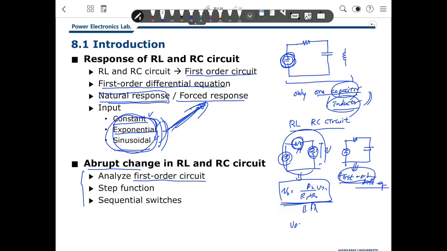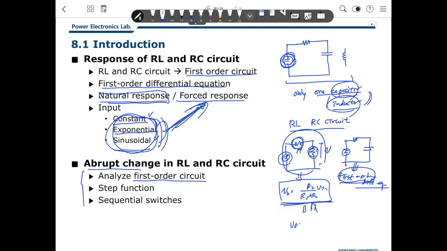Then we will use KCL or KVL or mesh equation or node equation, whatever you like. But the equation is different. If a circuit has only resistors, then the equation to represent the electric circuit is an algebraic equation. But if the circuit has a capacitor or inductor, the equation to represent the electric circuit is a differential equation.